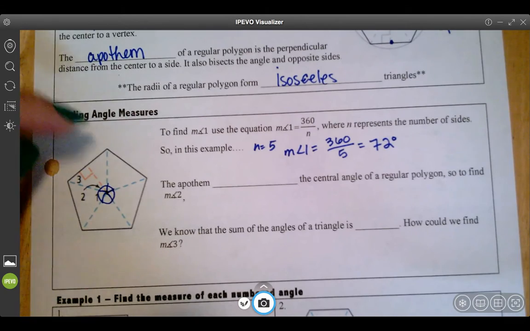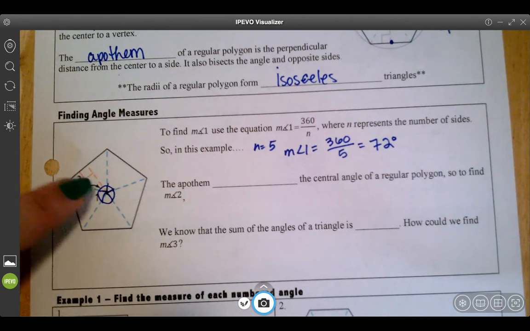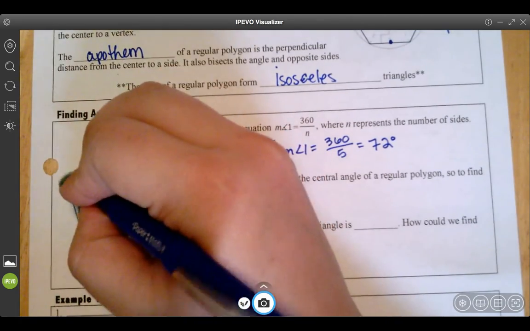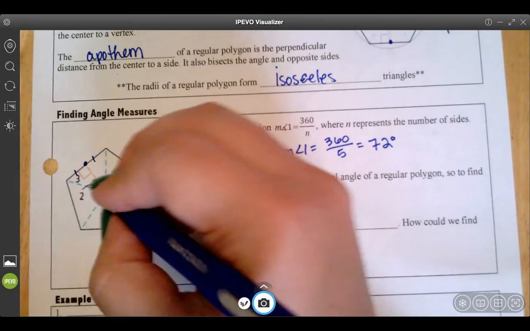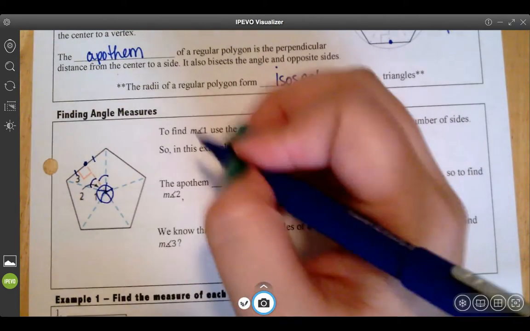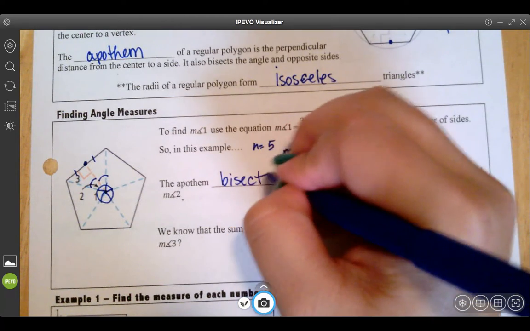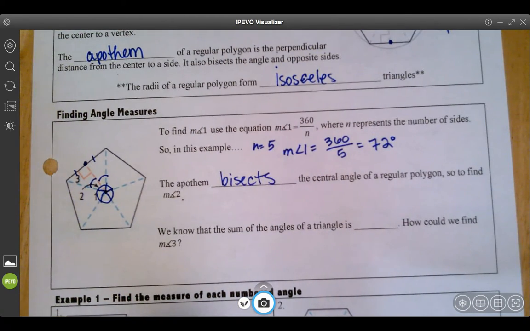Because these are isosceles triangles, the apothem, which goes all the way down to the side of our regular pentagon, actually creates a point at the middle. So that's actually a midpoint of our base, and it therefore also bisects this angle. So the apothem bisects the central angle of a regular polygon.